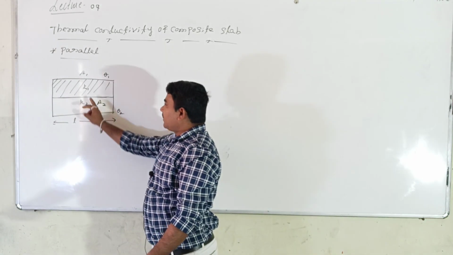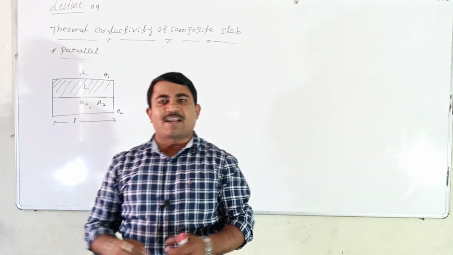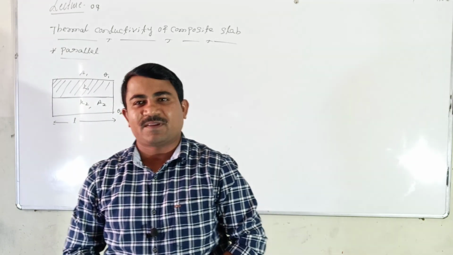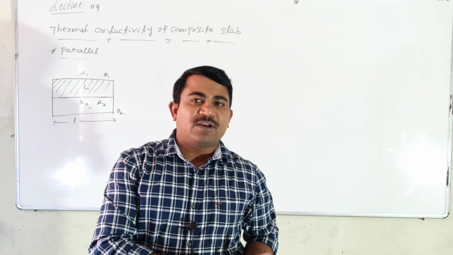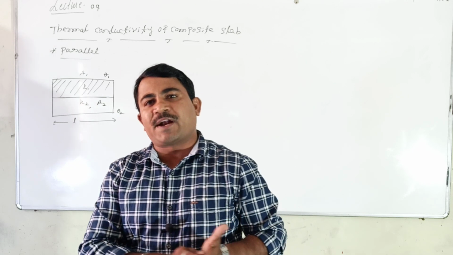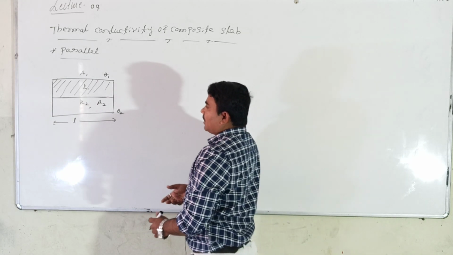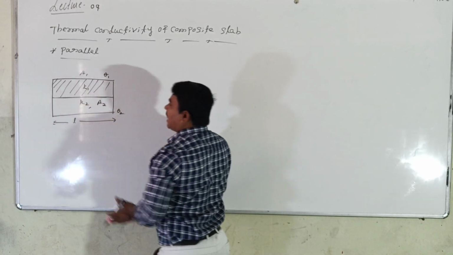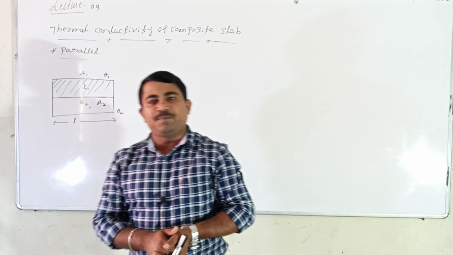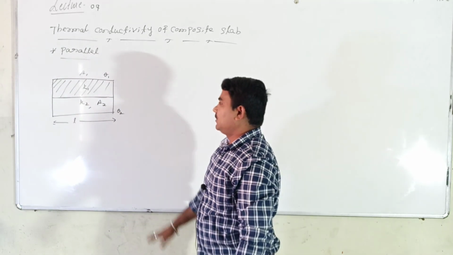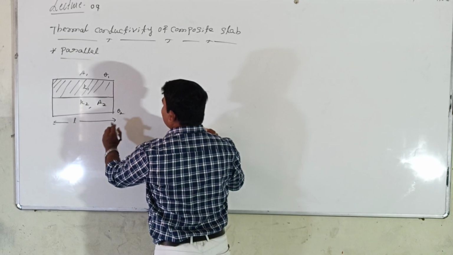For the first slab the thermal conductivity is K1 and for the second slab it is K2. For slab 1, how do we write the heat current? Initially I said that in this case the heat current divides, and the total heat current equals the sum of the heat current across each slab.